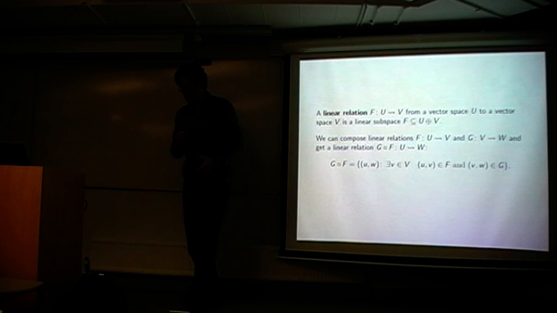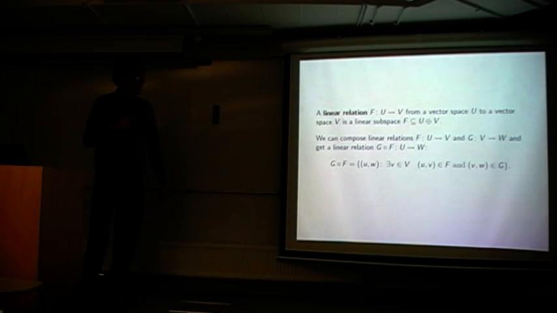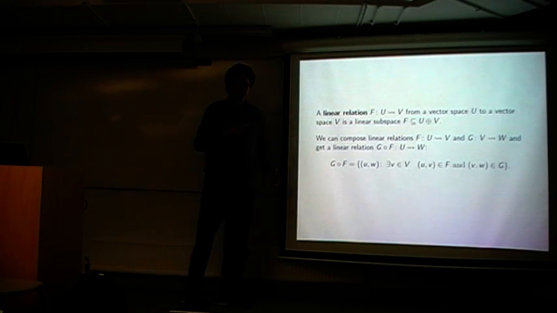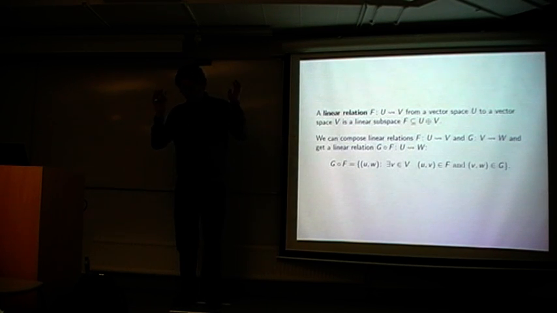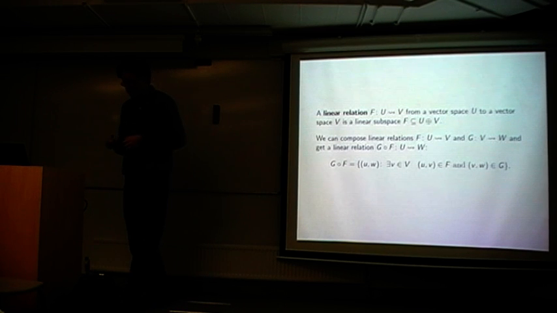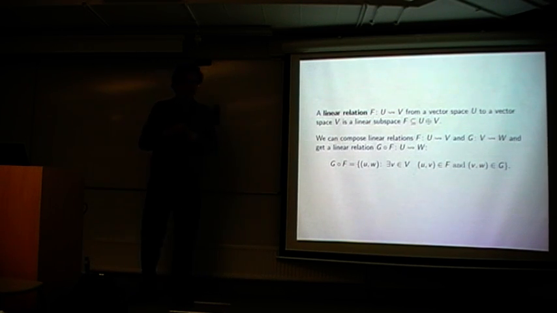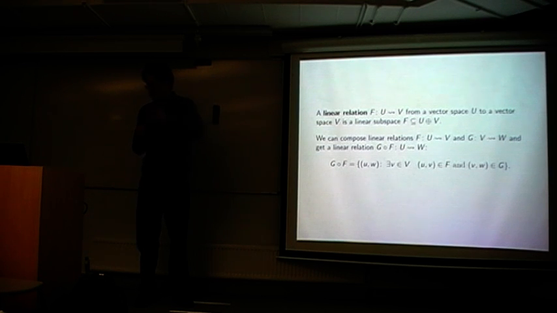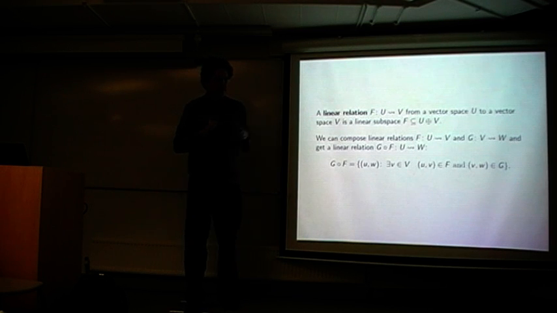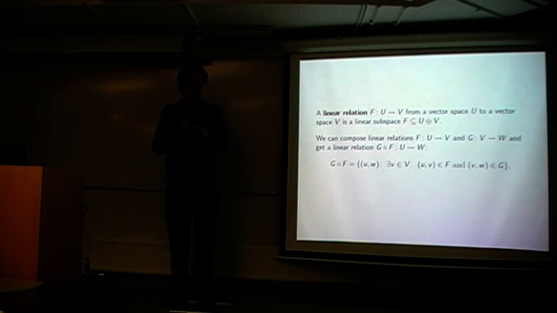Some of you, I know, are thoroughly knowledgeable about composition of relations, but for some reason relations have been really undervalued compared to functions. When you teach people math, you tell them a function is a set of ordered pairs, and then you quickly move on to only talking about functions and no other sets of ordered pairs.